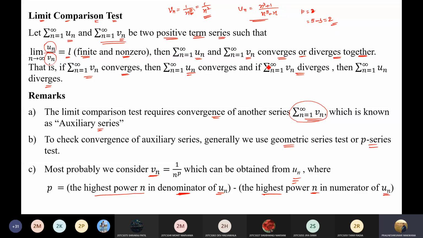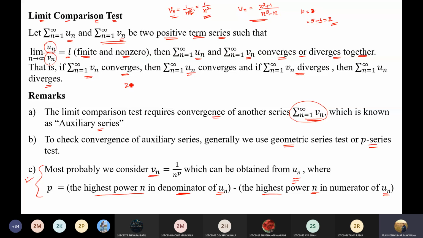By using this concept you can easily find the series Vn. Is it clear to everyone? For each and every example we can choose this Vn. Any question on this? No, sir. Okay, so that is one way to choose Vn.